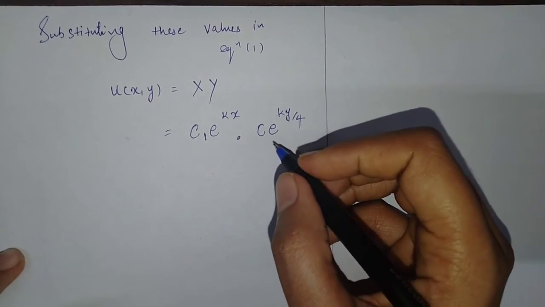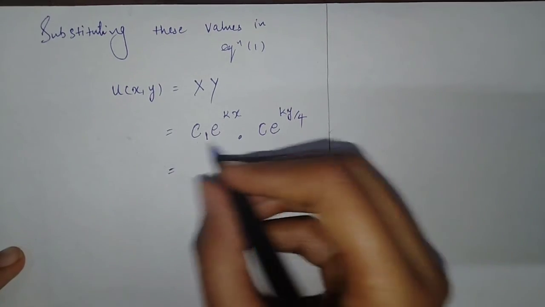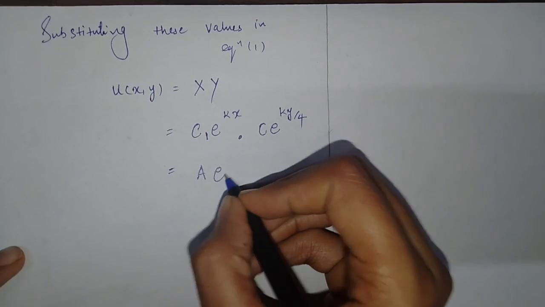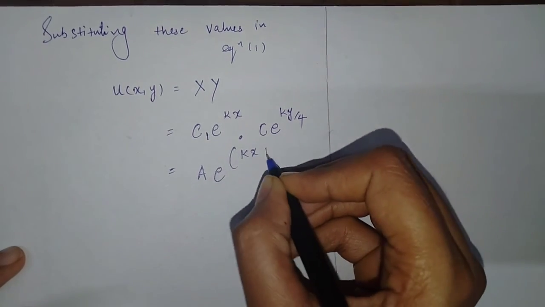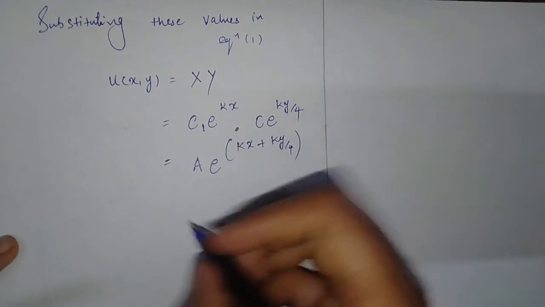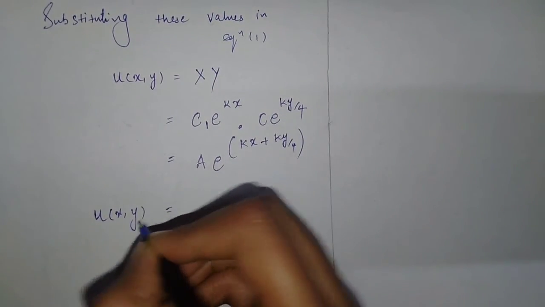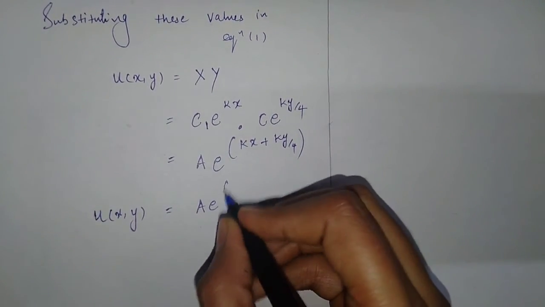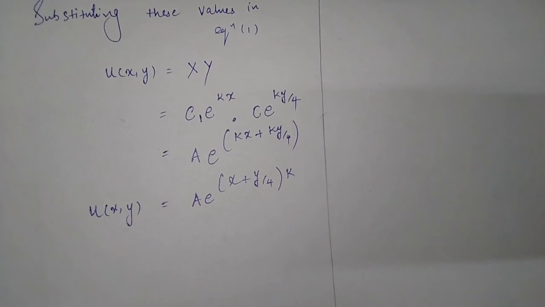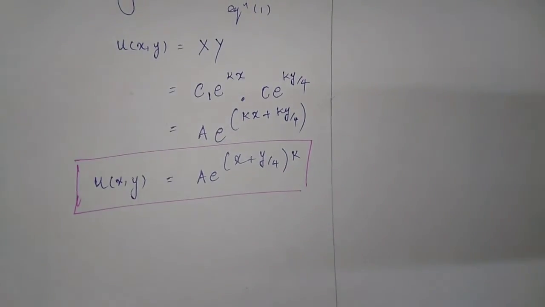So if I take c1 into c as a, since c1 and c are constants, then I will get a into e raised to kx plus ky by 4. And if I again take k common, then I will get U(x, y) equal to a e raised to k into (x plus y by 4). So we finally got the value of U(x, y).